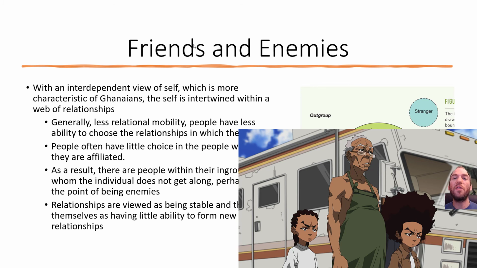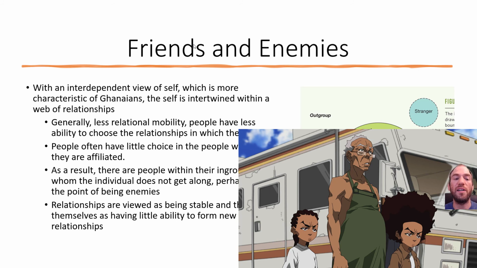You can even go back to that social convoy model: that inner circle is so stable throughout the lifespan, and includes not just family members, but members of the community. You're likely to have people in that in-group that are also your enemies, your frenemies, because that in-group is very stable, and in general the ability to change and disengage from relationships is less likely in these contexts and in this view of self.